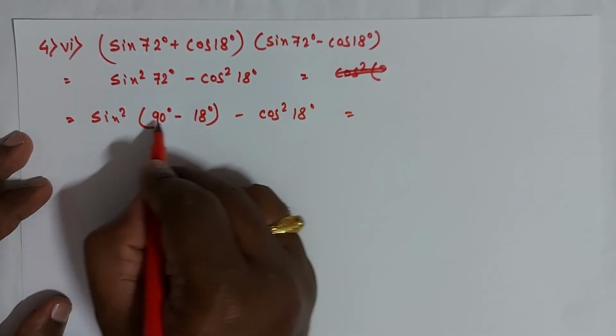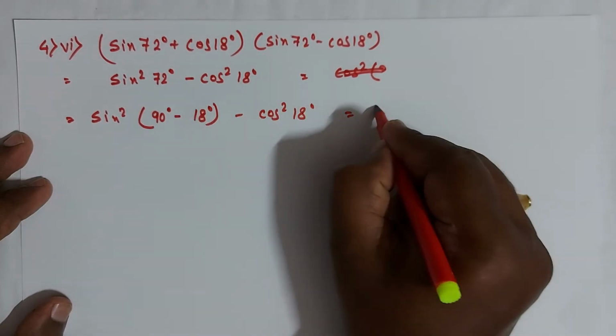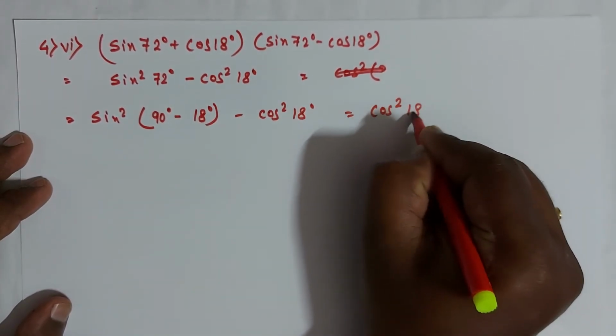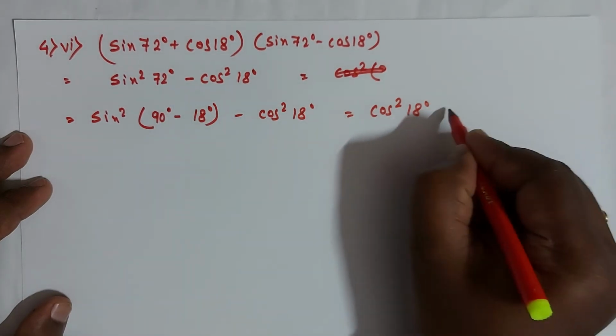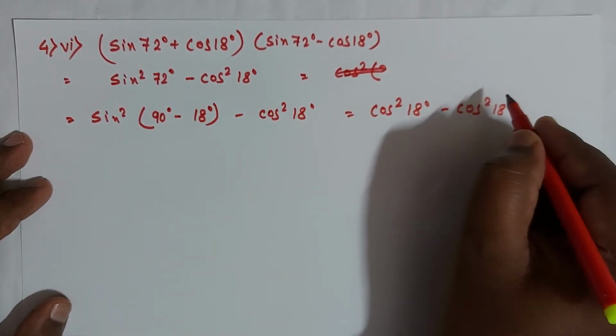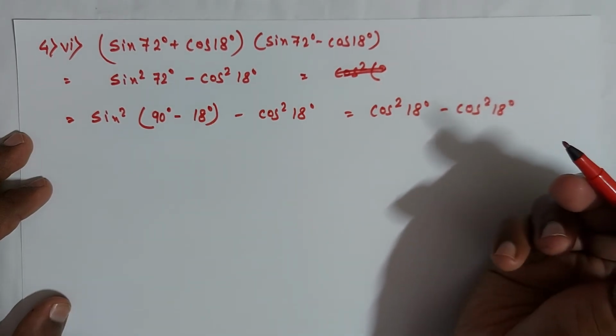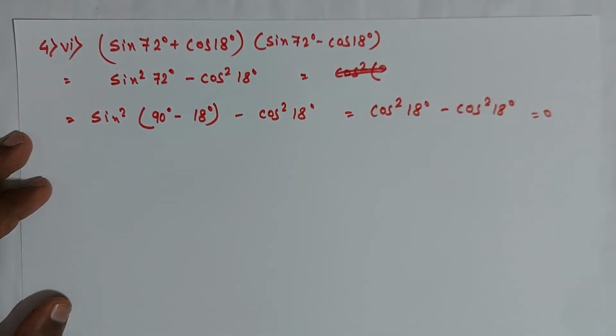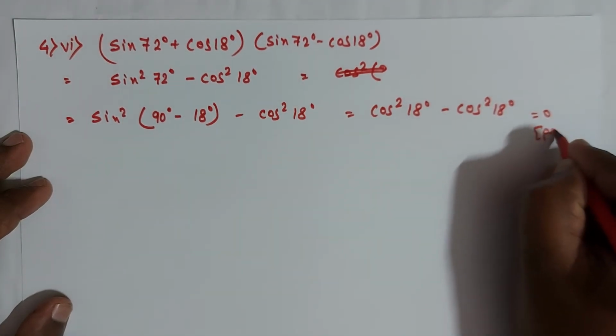Sine square 90 minus theta means cos square theta, and the value of theta here is 18 degree. So cos square 18 minus cos square 18 degree equals 0, isn't it? That is what we needed to prove. So it is proved here.